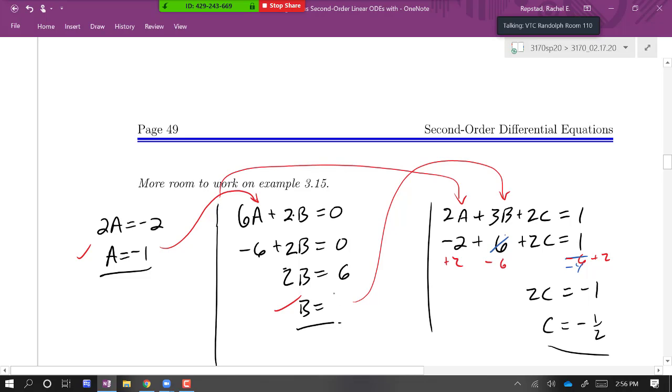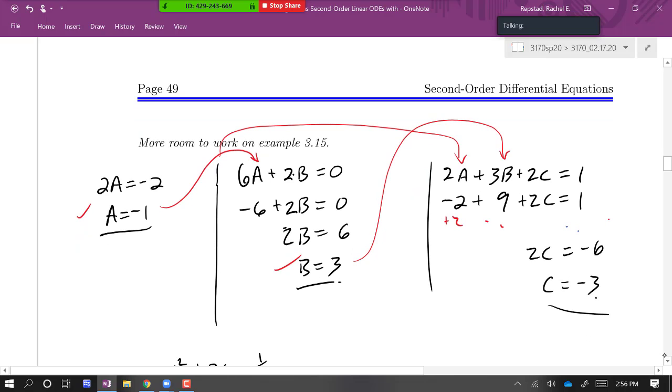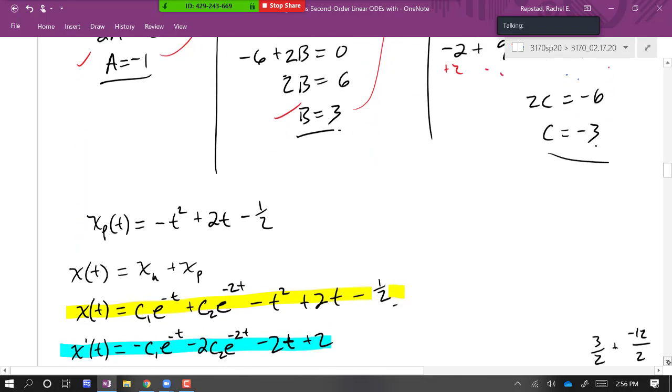But the numbers are going to work out pretty nice, I think. That's a 3, so this is a 9. And that's a -6 here. And that's nicer because then we get -3. No fractions. Phew.